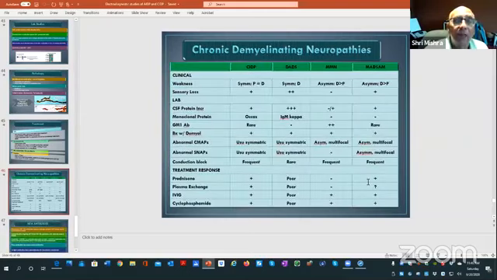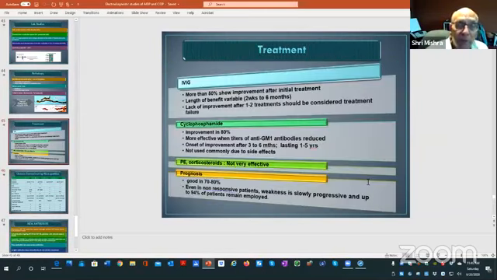So back one more time: for all the CIDPs, every type, and MMN, no steroid, and the next slide will show you. But in acute cases of CIDP, we use IVIG. You can also start steroid, and you can do other immunosuppressive therapy.